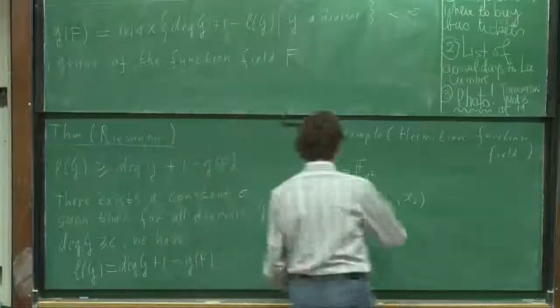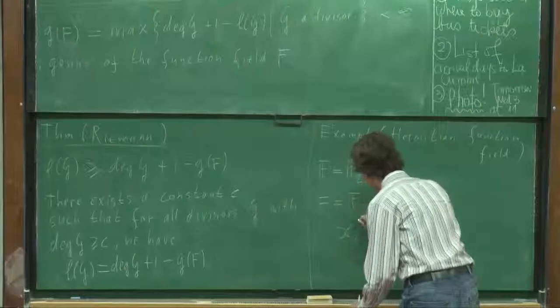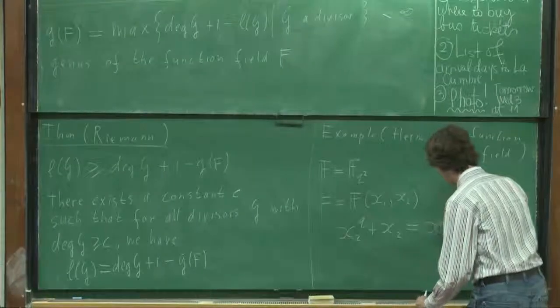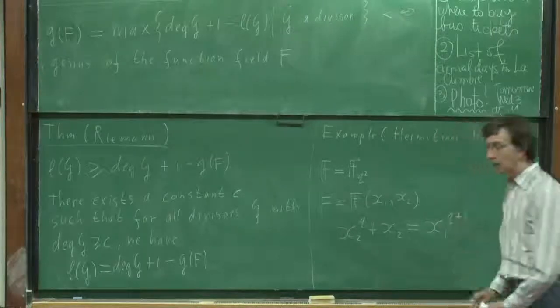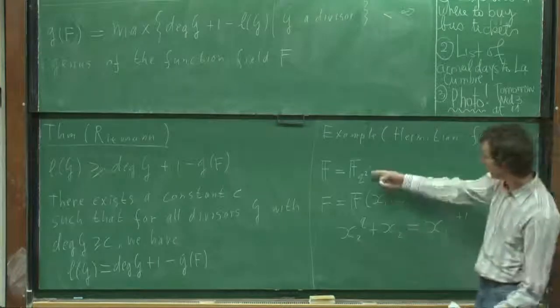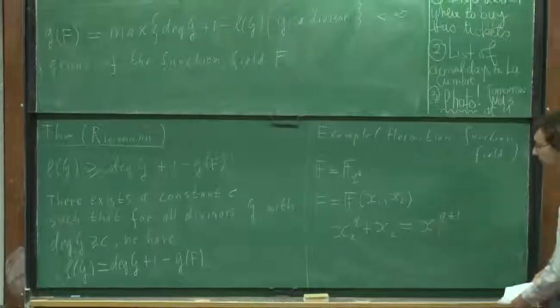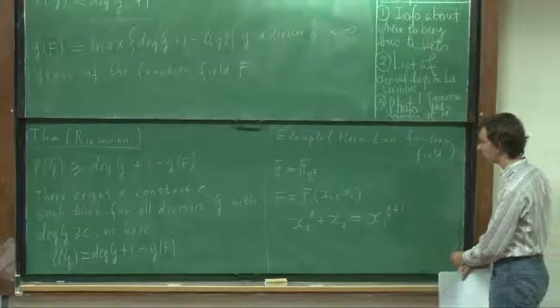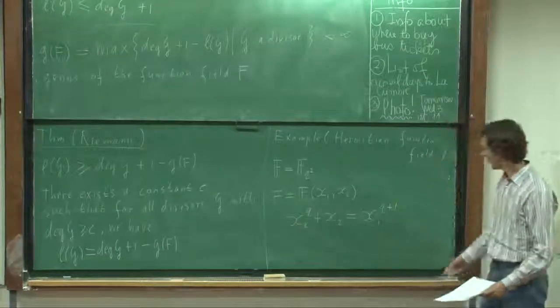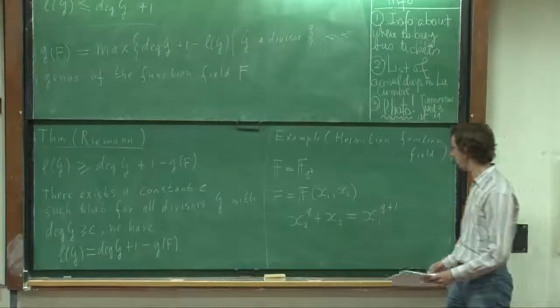Okay. So it's the following equation. The trace from Fq squared to Fq, so to say, of x2 is going to be equal to the norm of Fq squared to Fq. That is a way to interpret this equation.